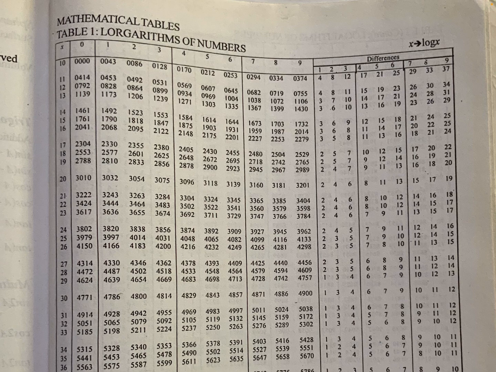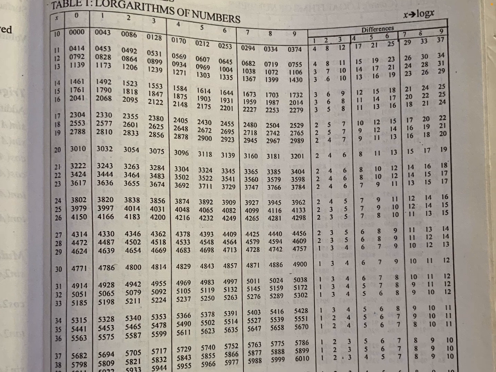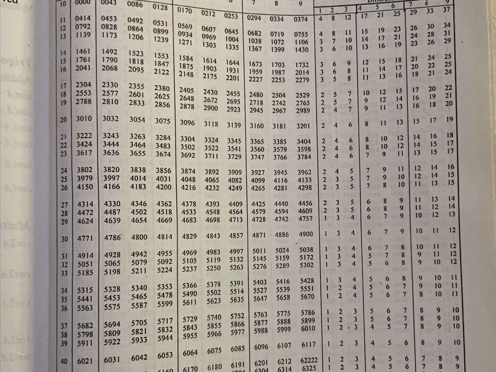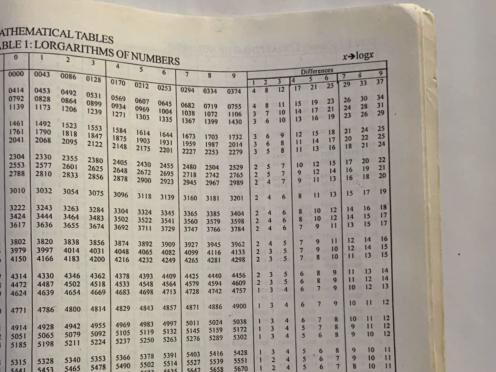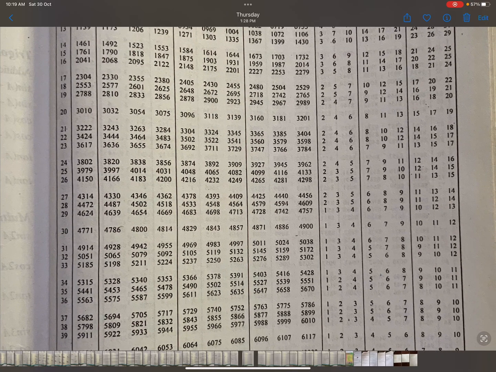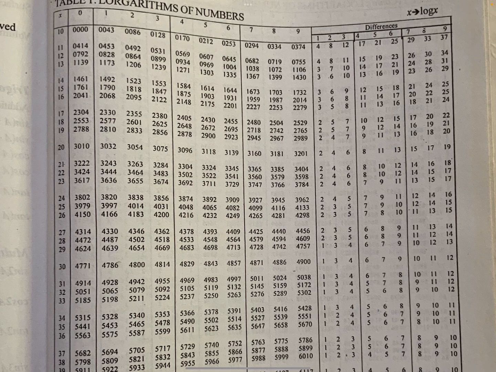Now you find the log of 37 under 2. That is 7 under 2: 5705. That's right, because there's no difference. Yes, 5705. That's good.